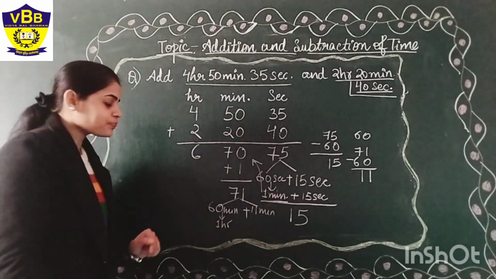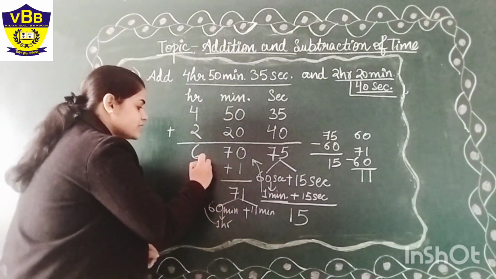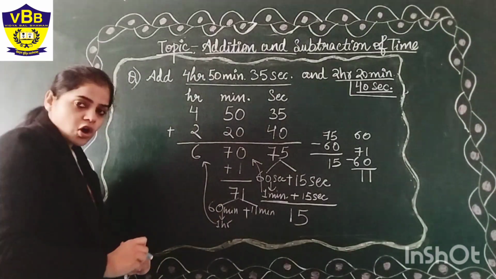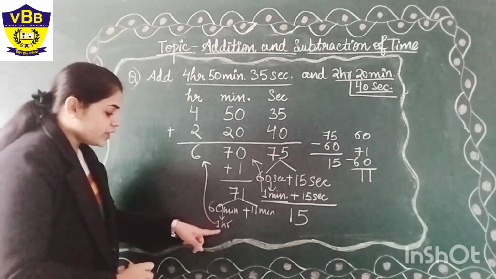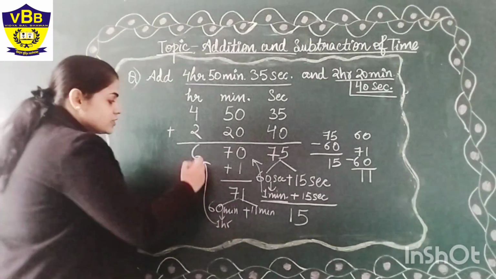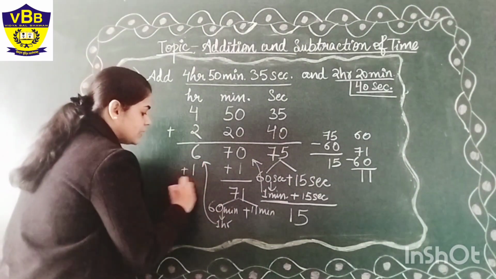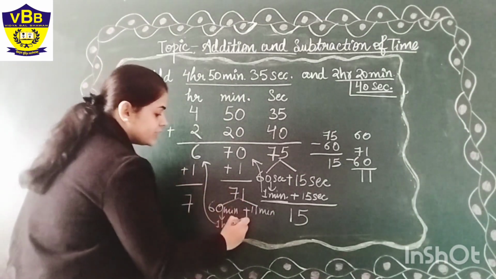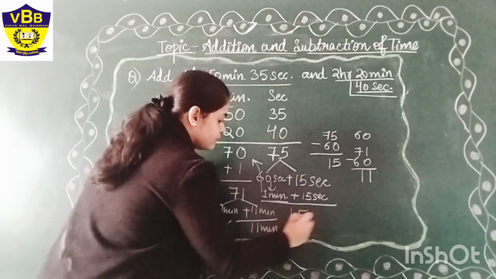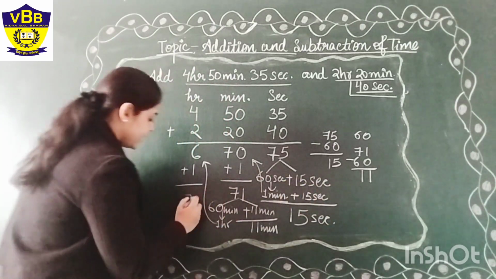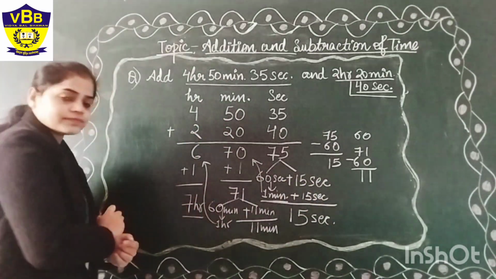Yes or no? Yes. So can I take this carry forward to the hours region? Because hours will come in the hours area only. So it will be carried forward. So 6 plus 1, here it will become 7. And here it will remain 11. So I can write 11 minutes, 15 seconds and 7 hours.